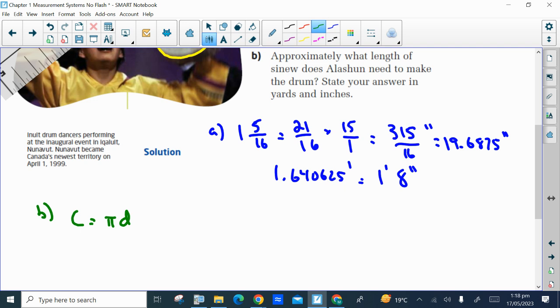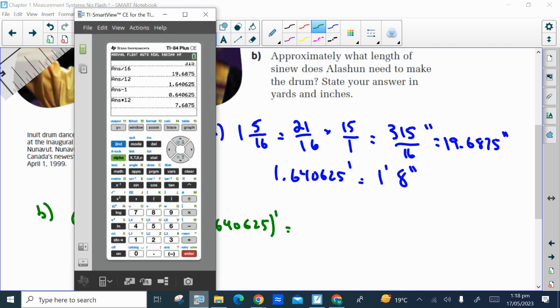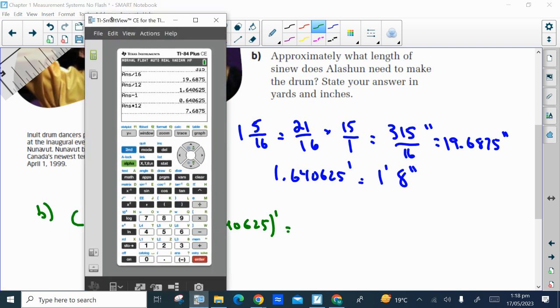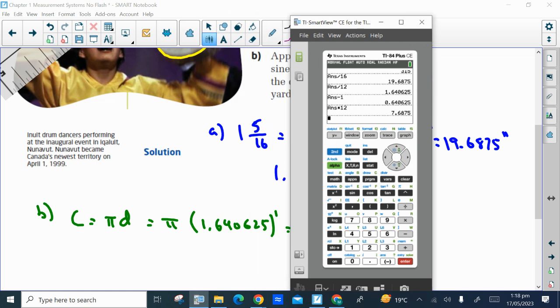The diameter is, and I'm going to use this, 1.640625 feet. So it'll be pi times 1.640625 feet. So back to the calculator I go, where that number came from.